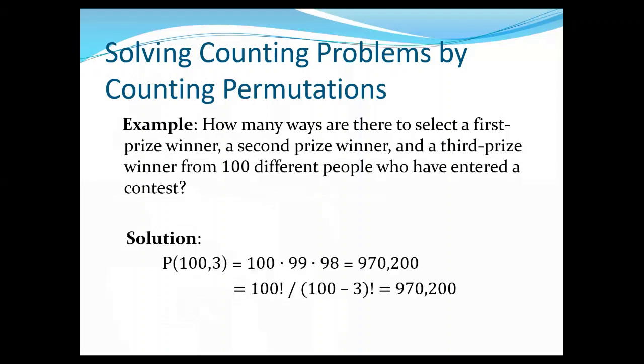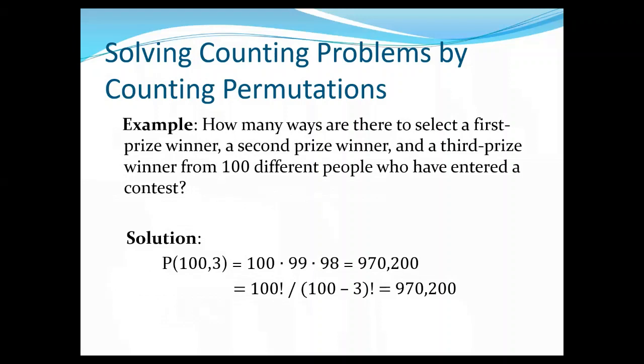So the solution will be a permutation: for first place, we have 100 possible ways, times 99 ways for second prize, times 98 ways for third prize.